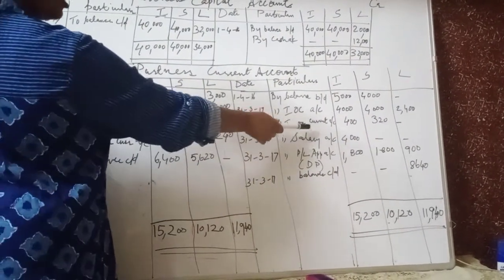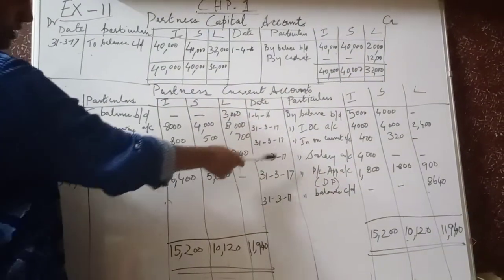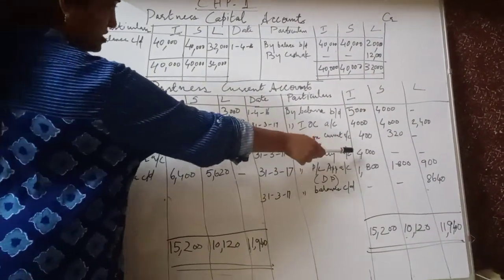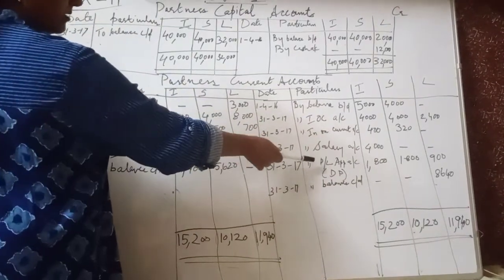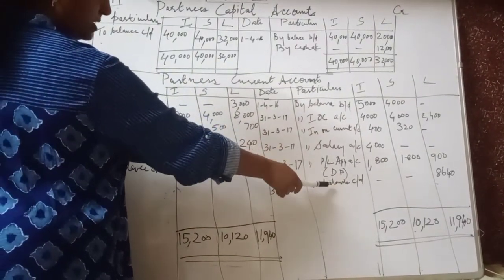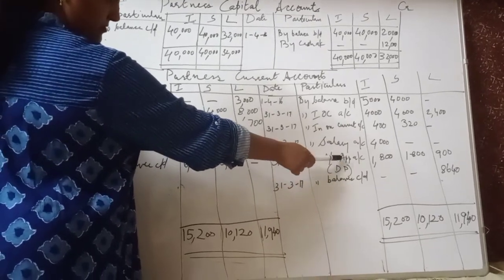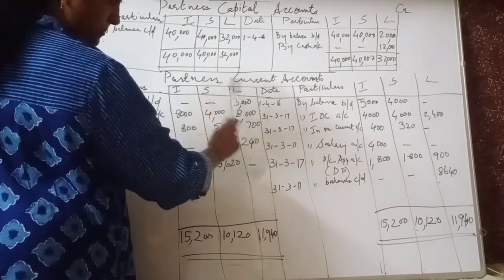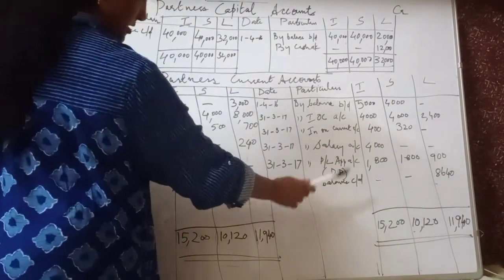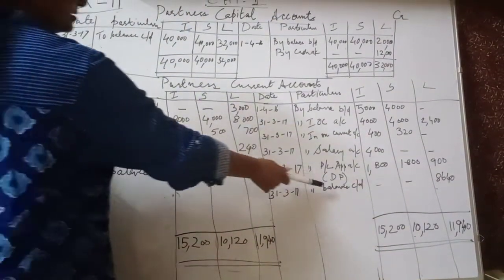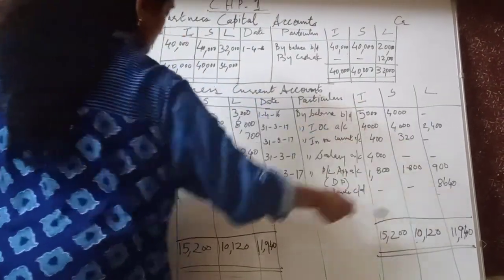Then interest on current account 400, 320. Salary account of Isha 4,000 for 5 months salary. Then divisible profit from P&L appropriation account 1,800, 1,800 and 900. And the balance for Lakshmi 8,640.